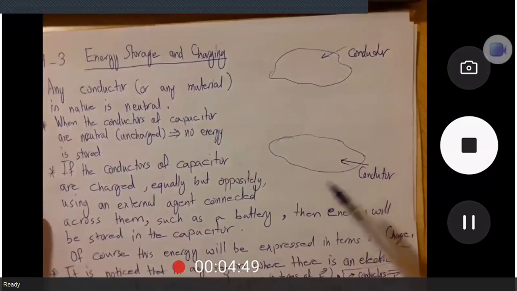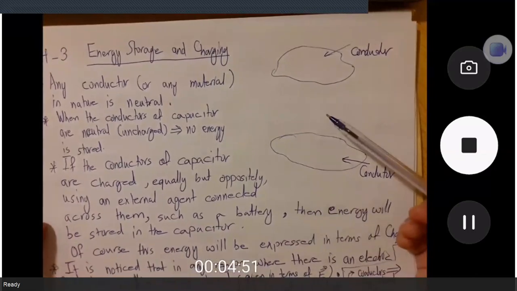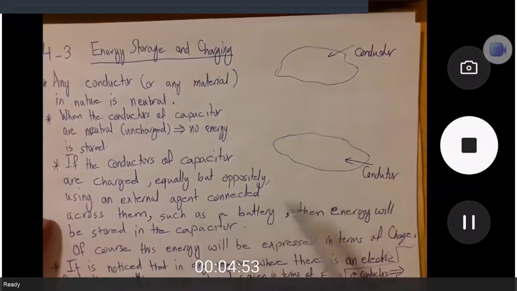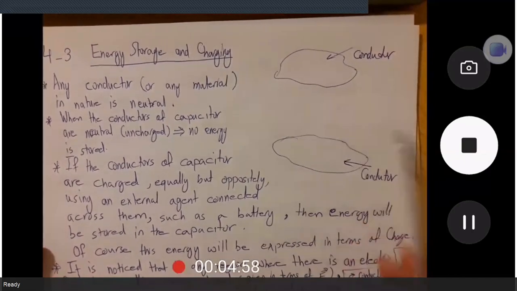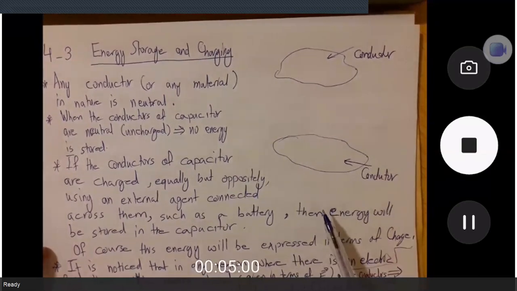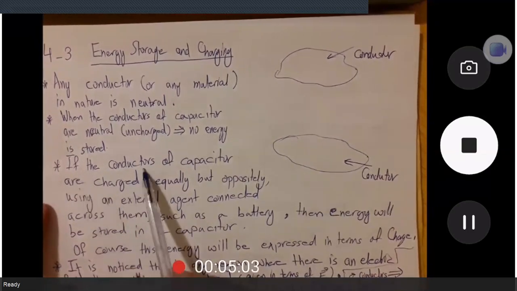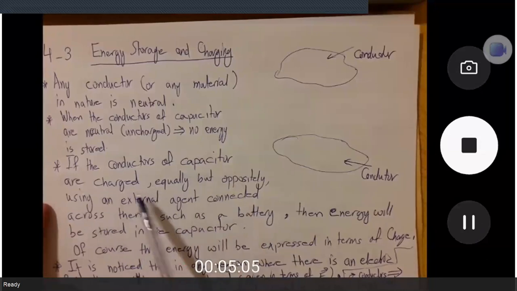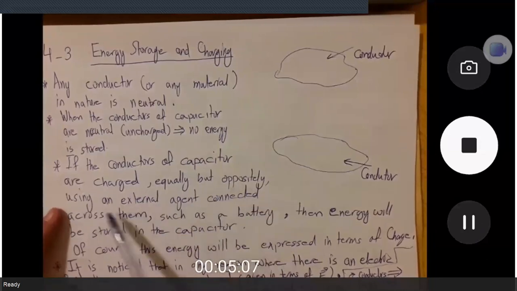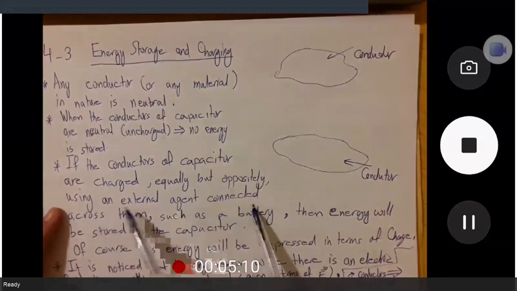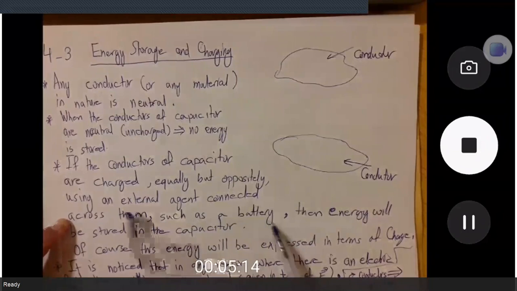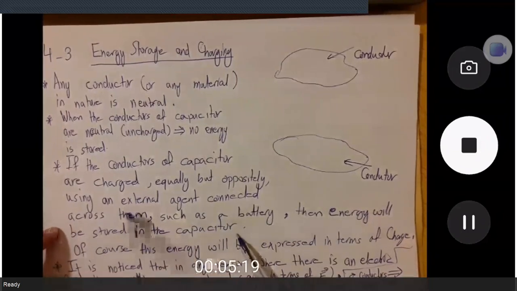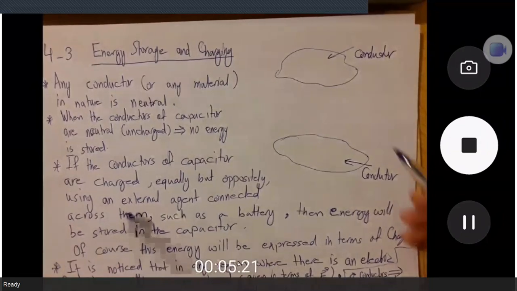And of course, when I talk about the energy stored, and I said it is only when the capacitor is charged that I have stored energy, obviously there will be an expression dependent on Q that tells about the energy stored. Okay, so if the conductors of a capacitor are charged equally but oppositely using an external agent connected across them, such as a battery, then energy will be stored in the capacitor. Of course, I have the conductor neutral.